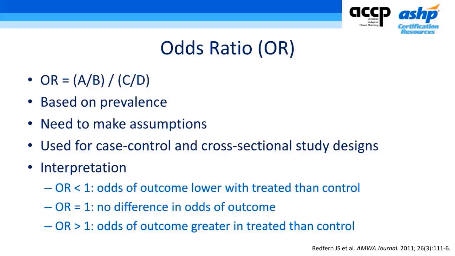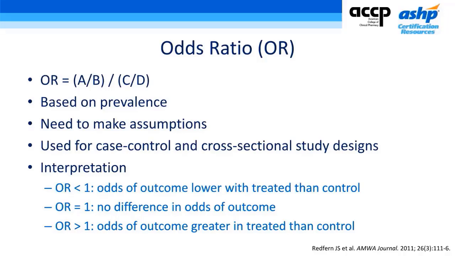So odds ratio is based on the prevalence for the outcomes. You use an odds ratio for case control and cross-sectional study designs. It should not be used in other types of study designs for data analysis. As far as the calculation, I have the equation up there, and what that equation depicts is the 2x2 table.